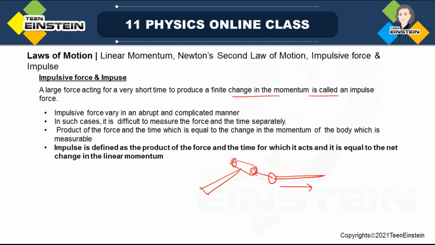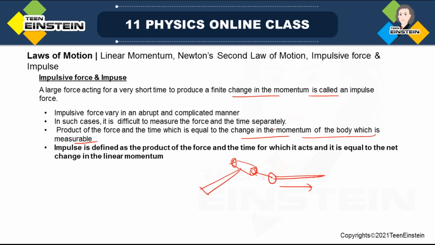So for such cases, this force is a cause for change in the linear momentum. If you know the change in the linear momentum, then you can estimate the amount of force or the duration of time.